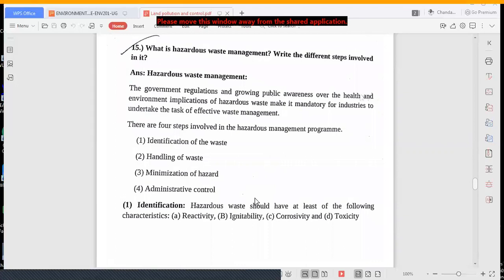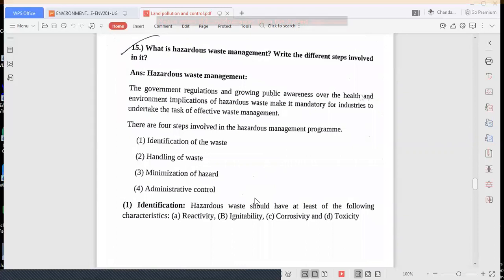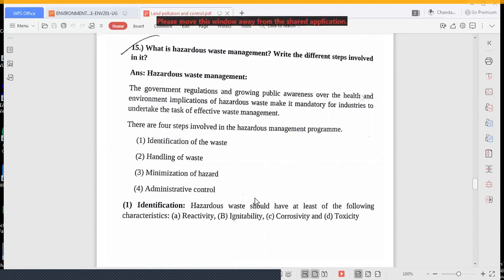There are four steps involved in the hazardous waste management program: identification of waste, handling of waste, minimization or reduction of hazardous waste, and administrative control. With the help of this procedure, we can manage hazardous solid waste in our society.